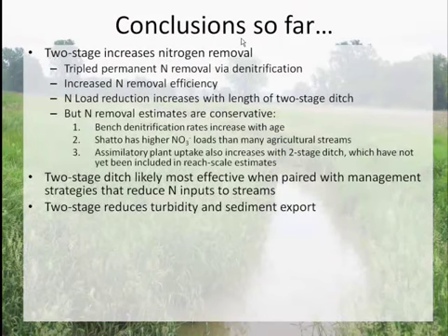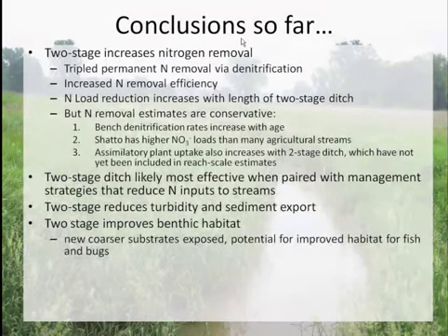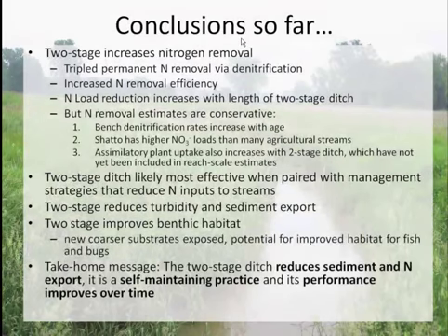Again, it reduces turbidity and sediment export. It looks like it improves benthic habitat with those coarser substrates. And finally, the simple summation of my talk is that the two-stage ditch reduces sediment and nitrogen export. It also appears to be self-maintaining, and its performance does seem to improve over time.